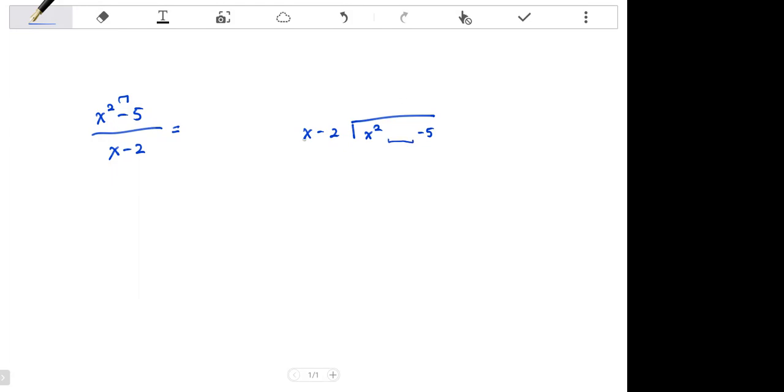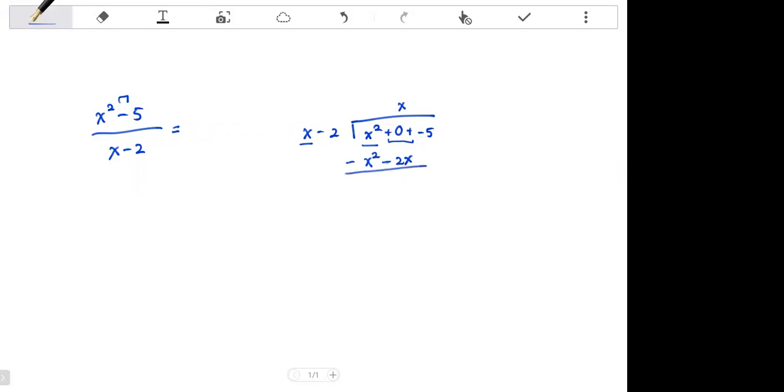So we ask ourselves, how many times does x go into x squared? Well, x times, right? We don't write in this column or this column, we have to write it in this column. So x times, we multiply now, x times x minus 2 is x squared minus 2x. This is basically a 0 in its place.